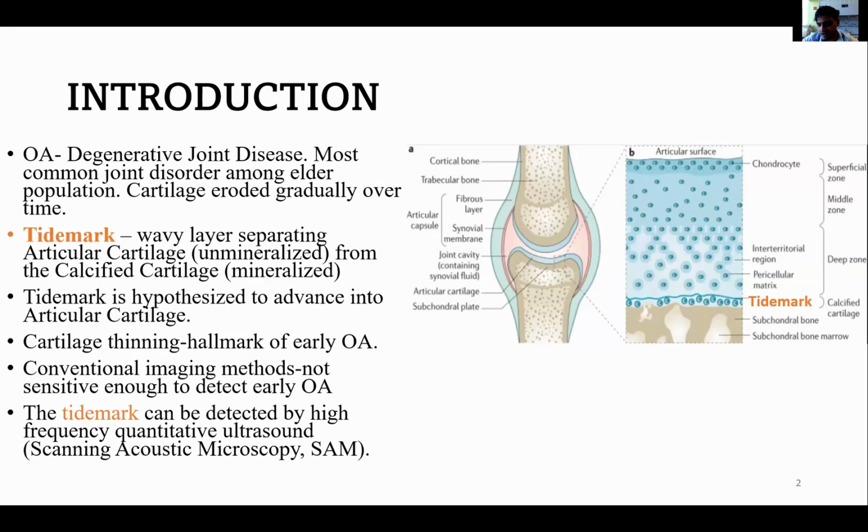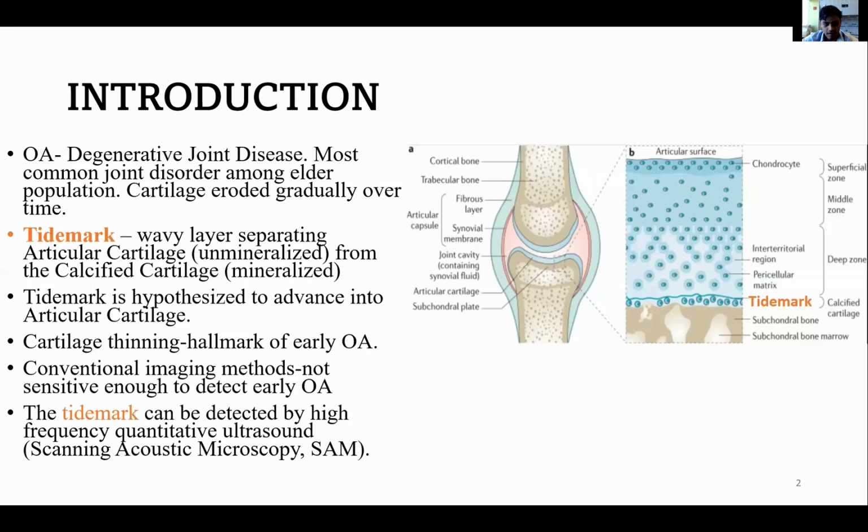Beneath this articular cartilage layer comes the calcified cartilage, which you can see here. This is fully composed of calcium, phosphorus, and other minerals. The tide mark, this undulating wavy layer you see before the calcified cartilage, is an interface that separates the unmineralized region from the mineralized region.